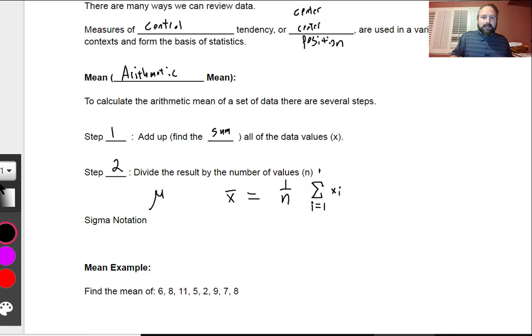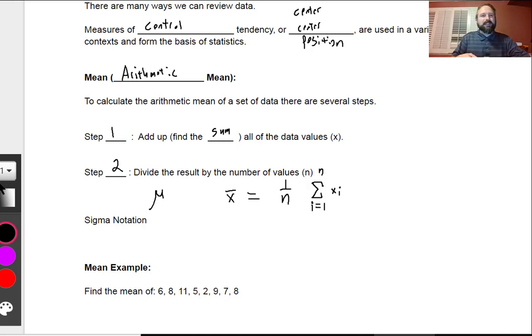This is like the sequences that we did, arithmetic or geometric. Arithmetic was like, here's the first one, 2, then 4, then 6, then 8. Well, basically we would add them all up and then divide by the total number.